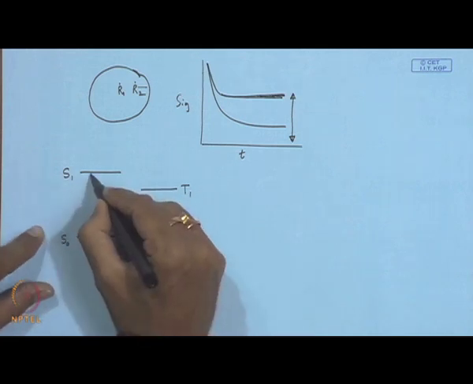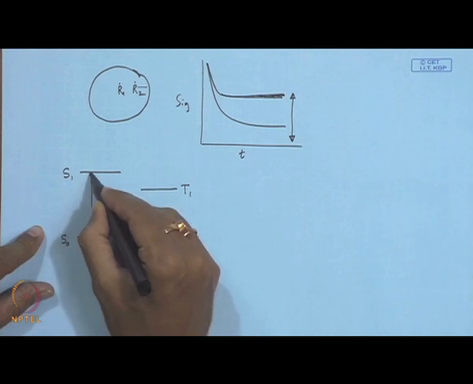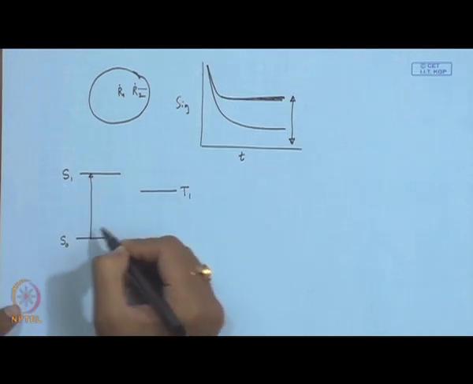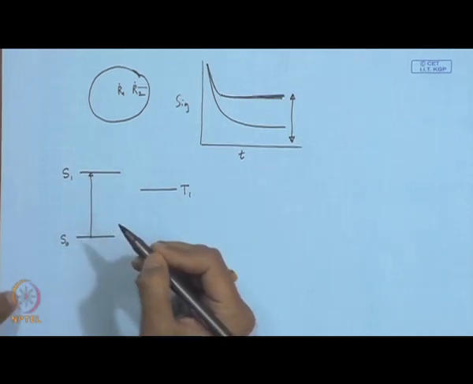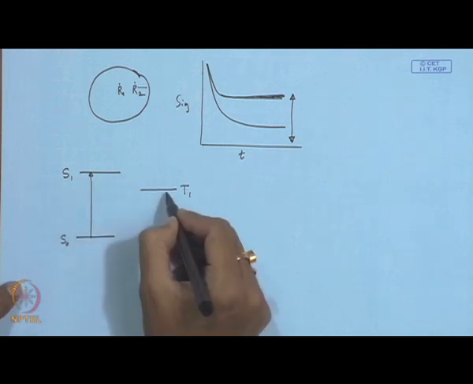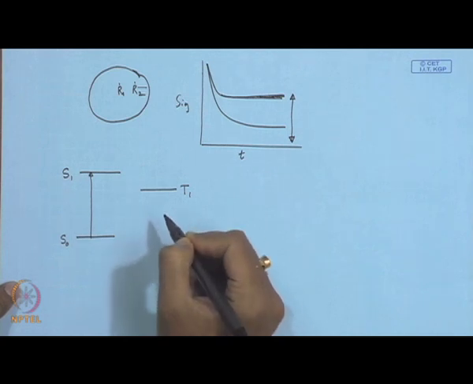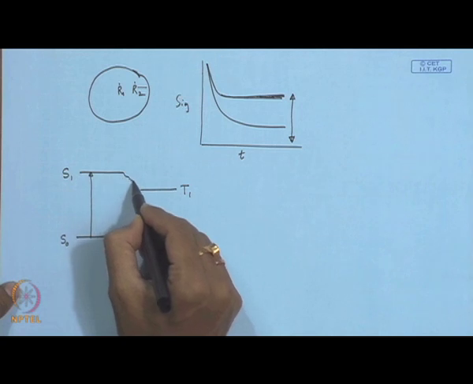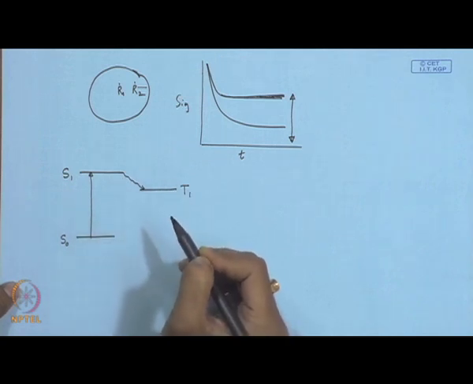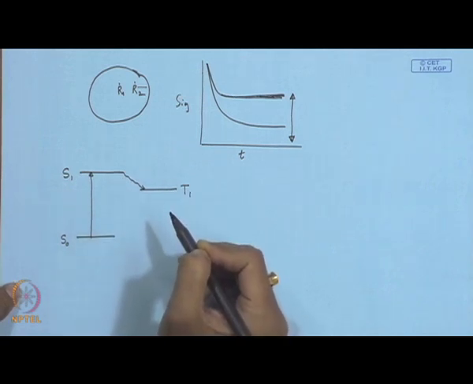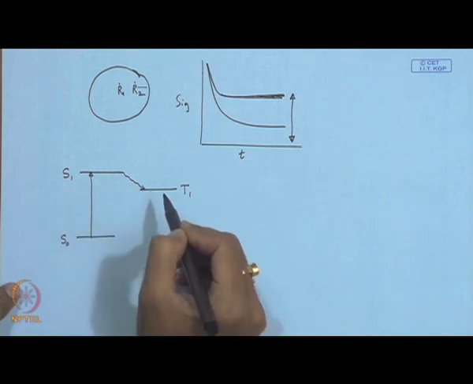So, what is happening? When you shine, it absorbs light, goes to singlet, and then from singlet it moves to triplet depending on spin orbit coupling. Okay, so when spin orbit coupling is high, then possibility of this transition is more.